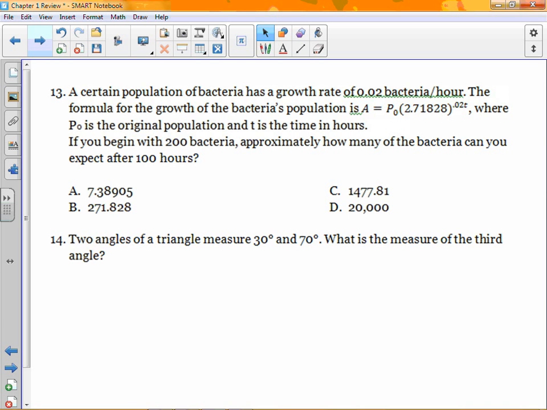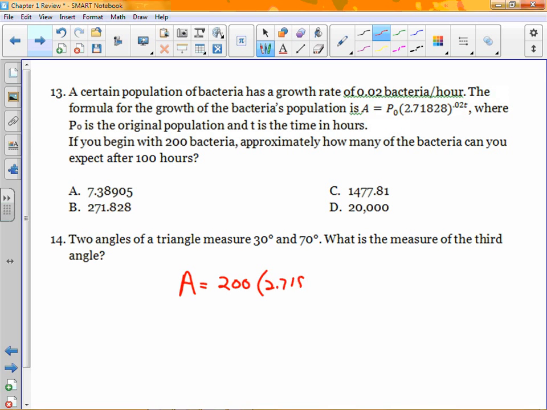If you begin with 200 bacteria, so if my beginning point is 200, okay, it should be just a matter of substitution, plugging it in.